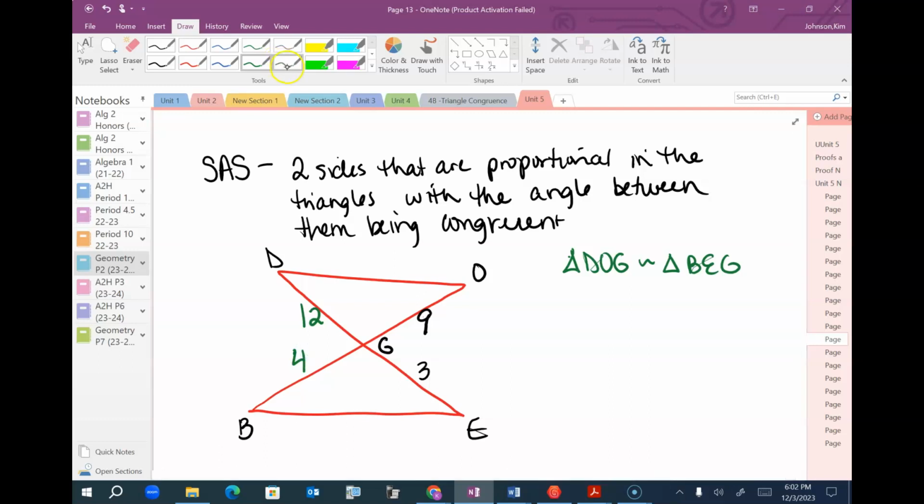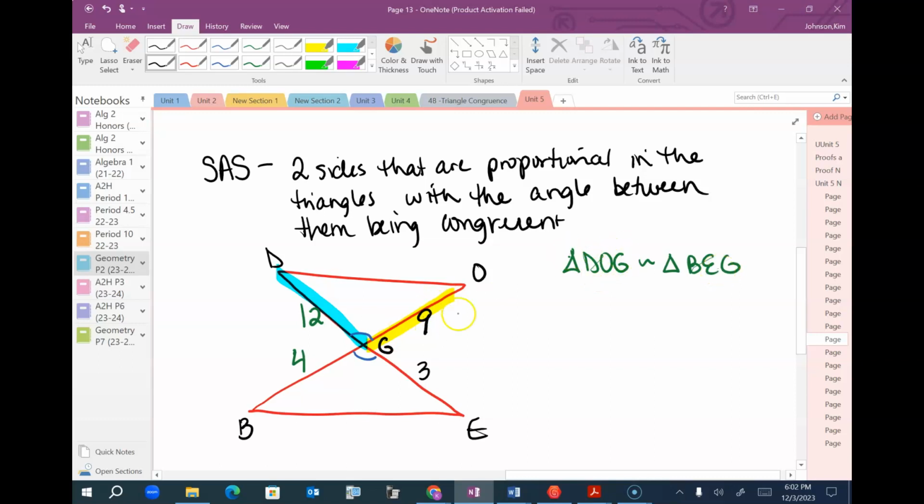Okay, so when I'm looking at this picture, first of all, I see that at angle G I've got that vertical angle. And I'm saying, hey, the angle in between two sides is being marked. Now I'm going to partner up OG with its corresponding side in the triangle.